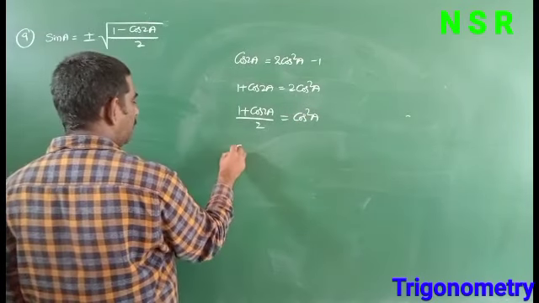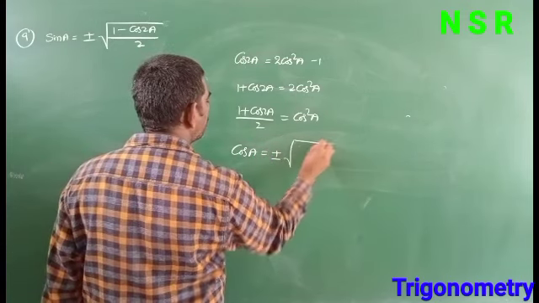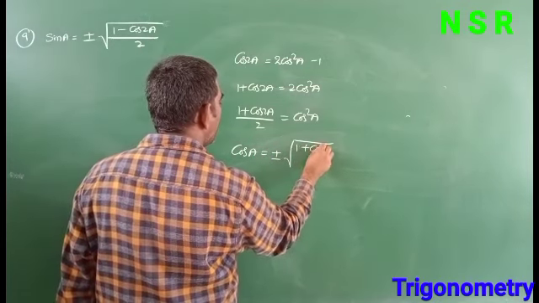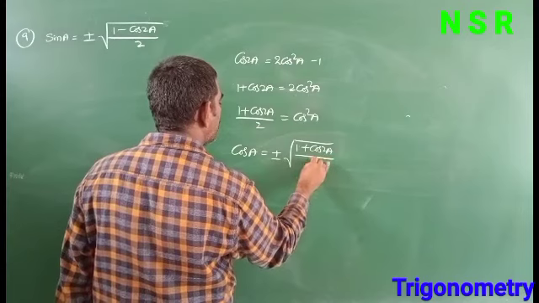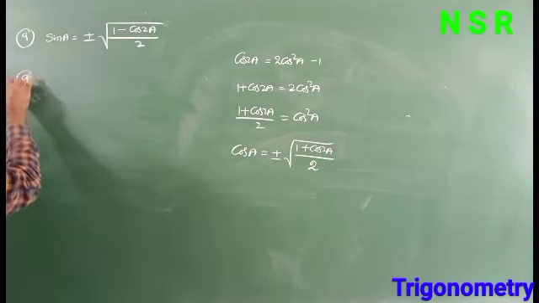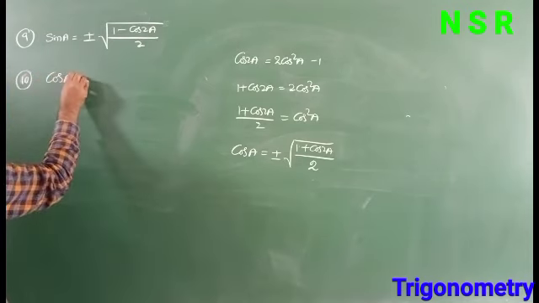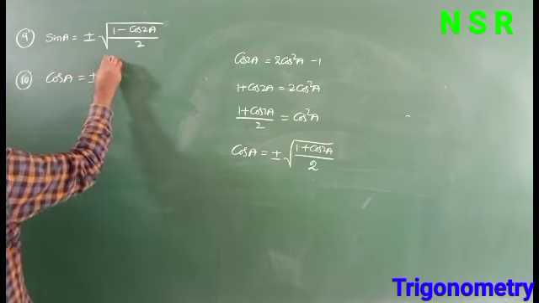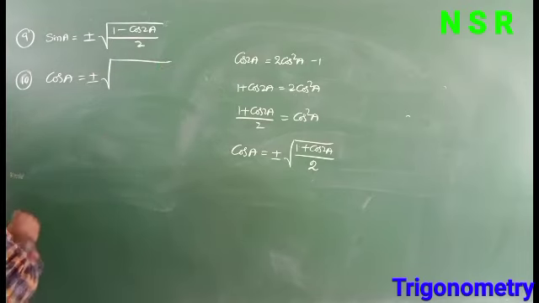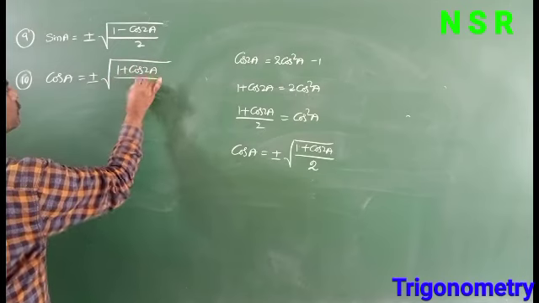So removing the square, we get cos a equal to plus or minus square root of 1 plus cos 2a by 2. So this is the formula of cos a in terms of cos 2a, that is plus or minus square root of 1 plus cos 2a by 2.